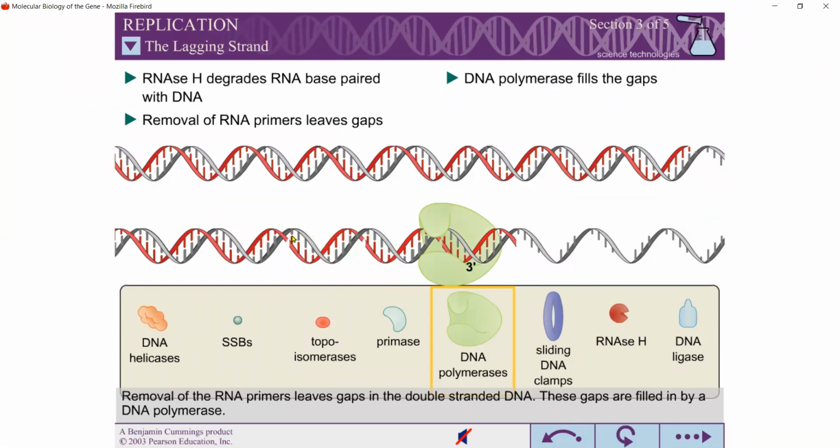Now the polymerase is unable to seal these gaps, so another enzyme is required to seal them. This gap is sealed by the enzyme known as DNA ligase.